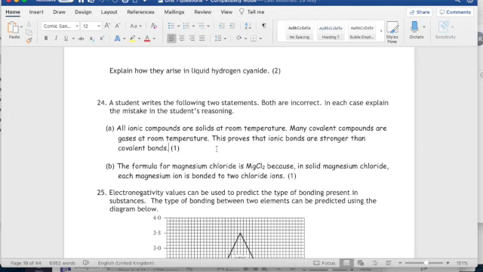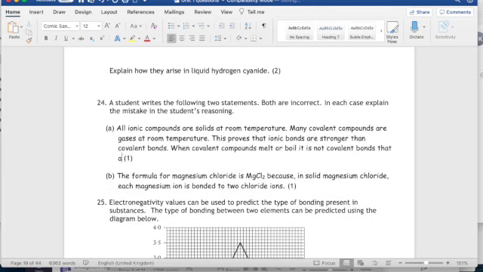Okay, so when covalent compounds melt or boil, it is not covalent bonds that are broken.